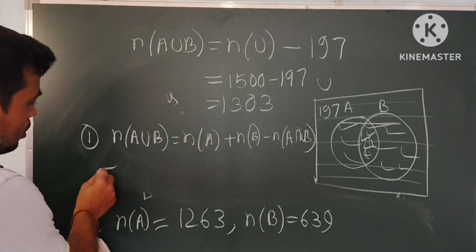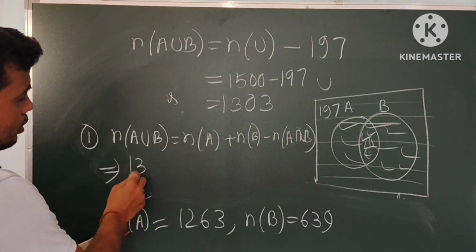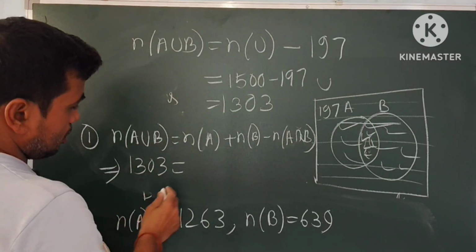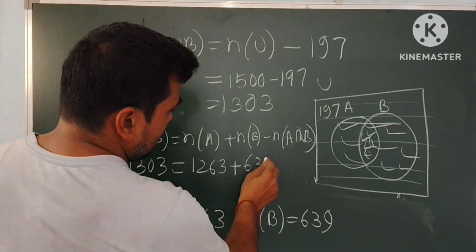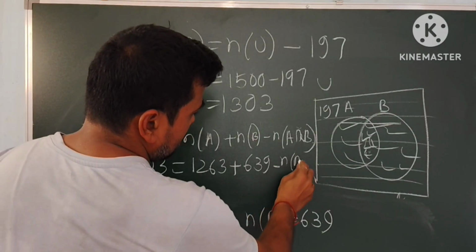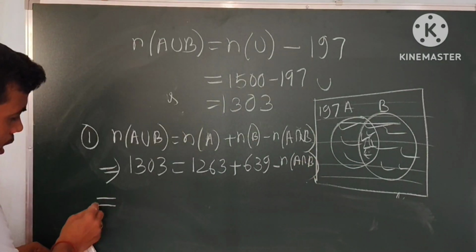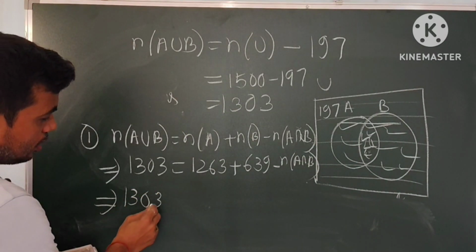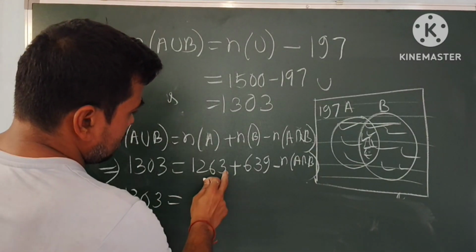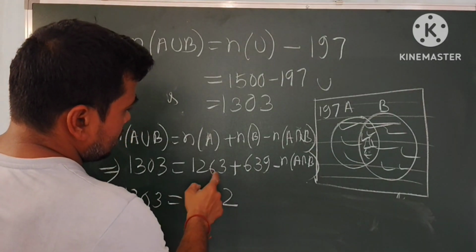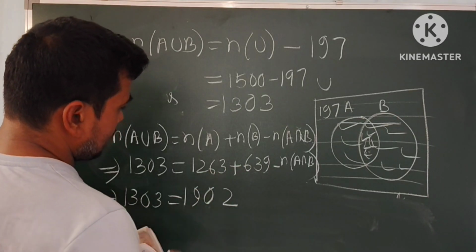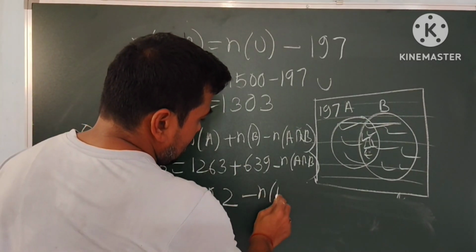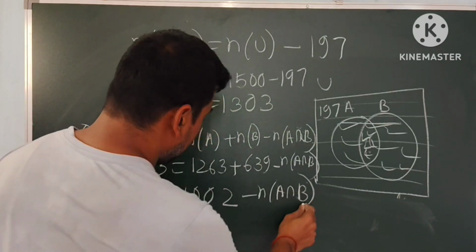So n(A union B) is 1303, n(A) is 1263, n(B) is 639, and this is n(A intersection B). Adding these, we get 1902, minus n(A intersection B).